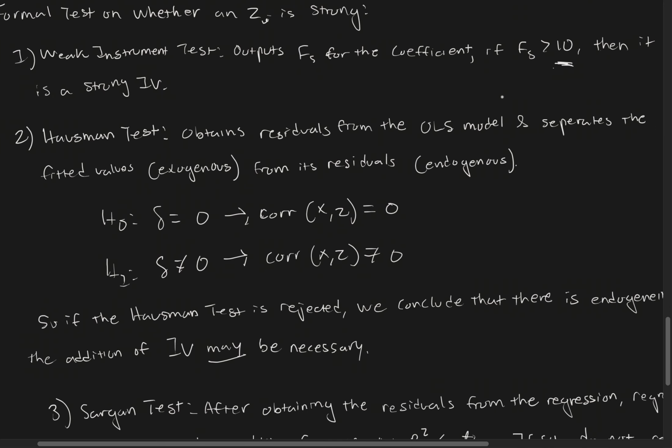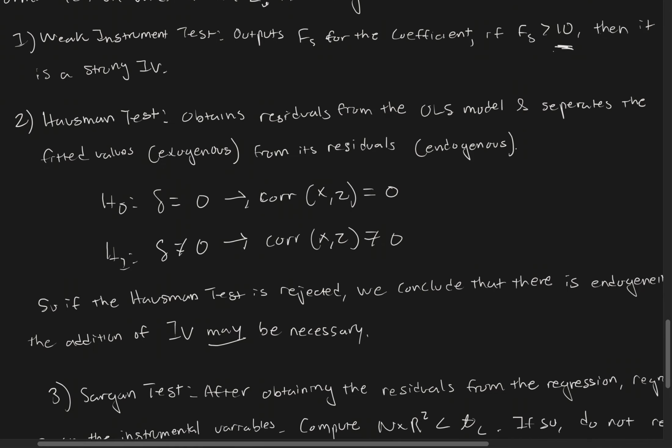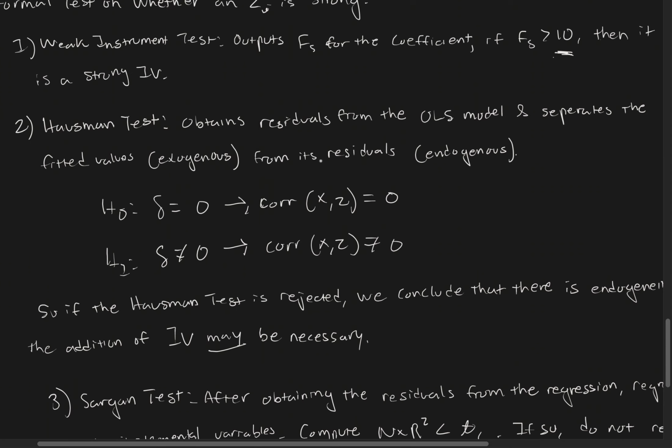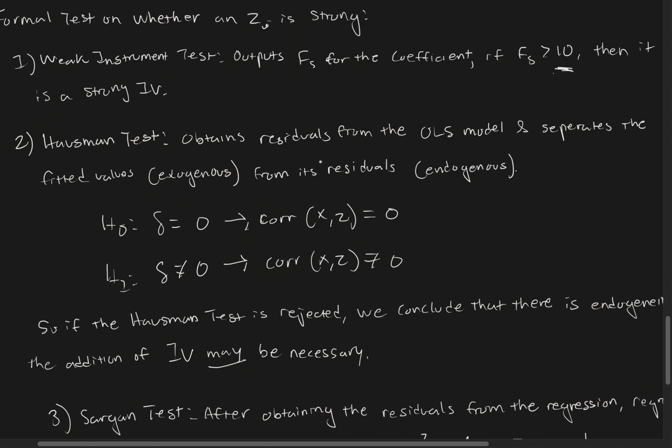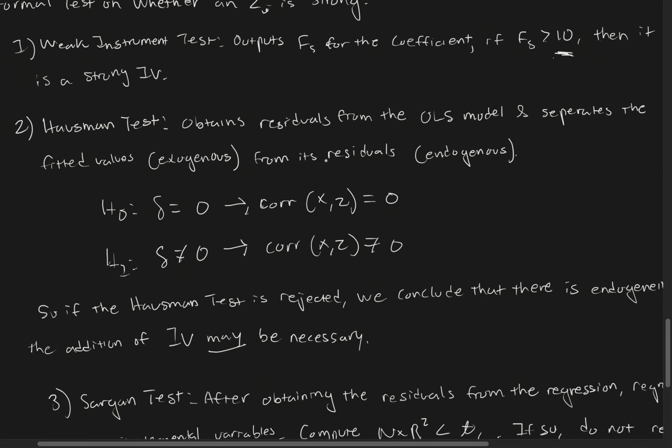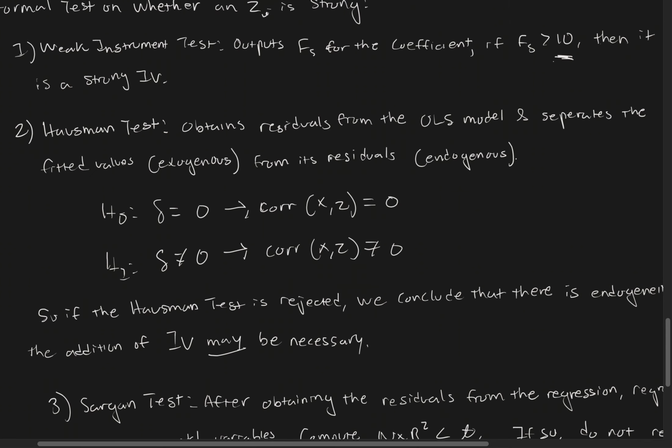All right. The Wu-Hausman test, I just wrote the Hausman test. We actually went over this, but it will be similar to, I believe, heteroscedasticity. It will extract the residuals from the regression, and then it will distinguish its fitted values, our exogenous, from its residuals being our endogenous.